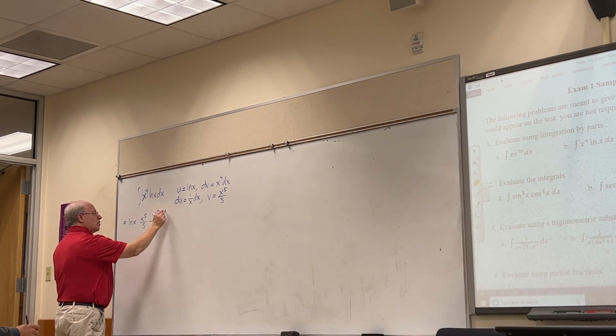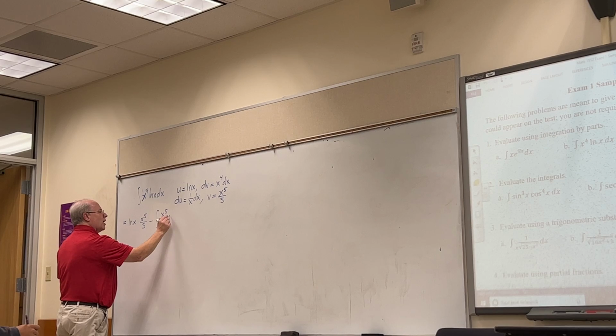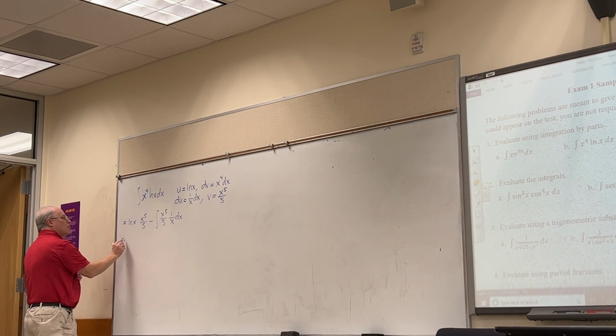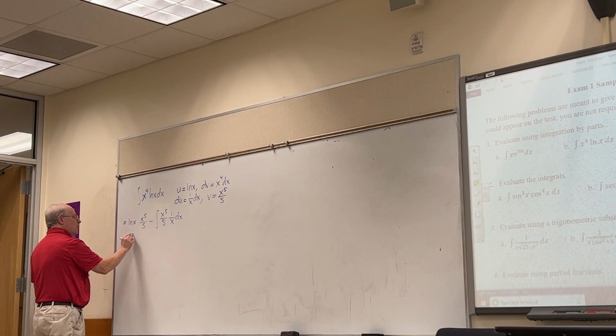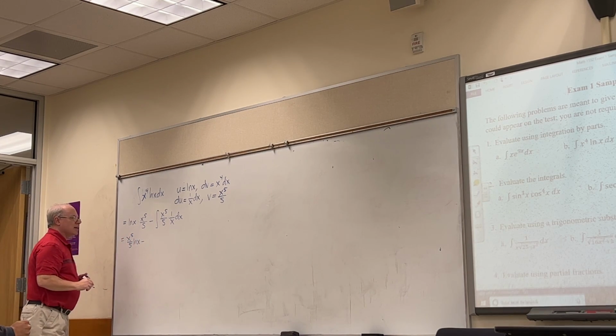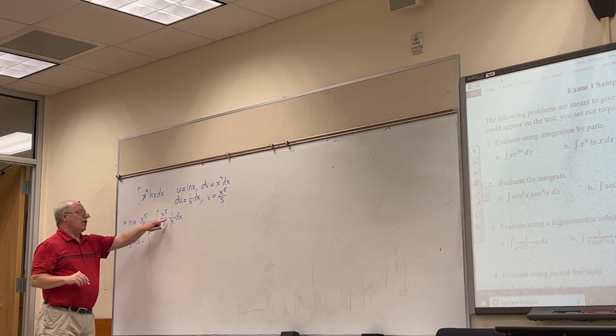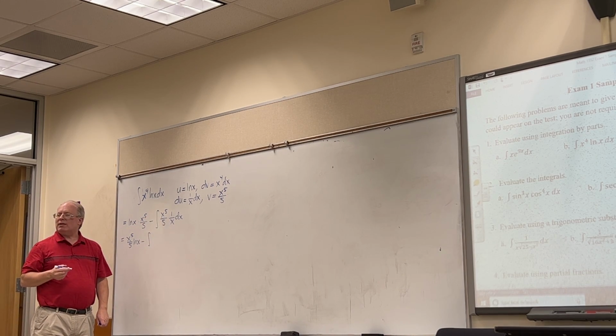Right, so we take the integral of v times du, so that's x to the 5th over 5 times 1 over x. All right, so we've got x to the 5th over 5 times the natural log of x minus, and now what's x to the 5th over 5 times 1 over x? What would that simplify to?